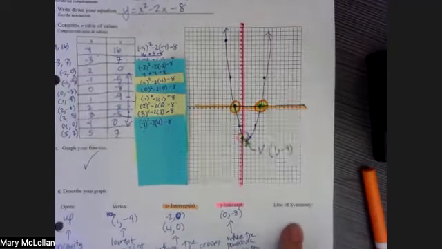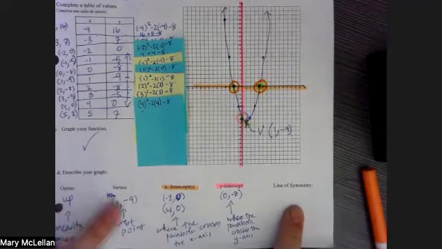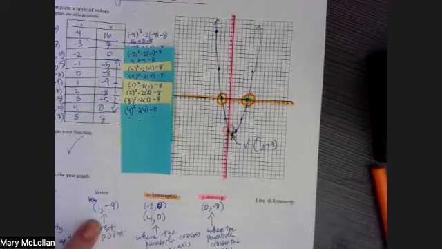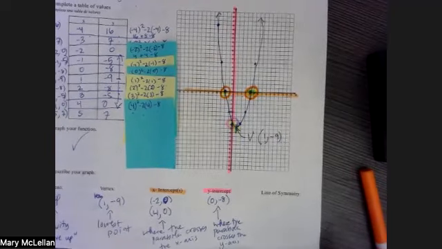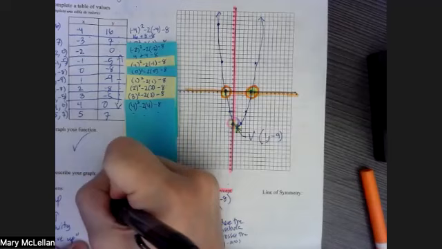The line of symmetry is pretty easy to find once you have your vertex. All parabolas that we will do in this class are vertically oriented, meaning for this, we can take our x value from our vertex, and that's going to give us the value we need for our equation for the line of symmetry.